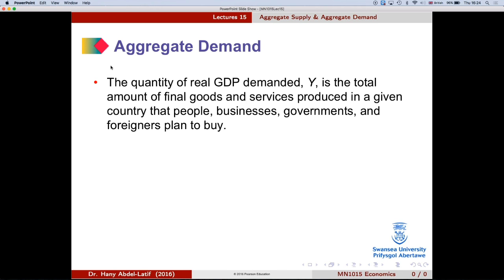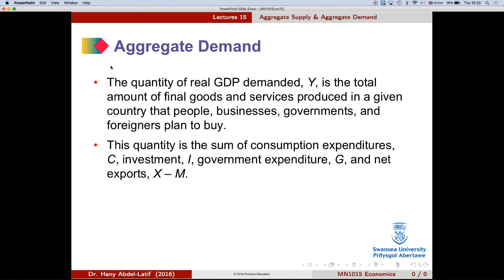Firms do investment, government does the government spending, and the outside world is the net export, which is X minus M. So this is the same as we did before. What we want to do now is look at how the aggregate demand will look and what would shift the aggregate demand curve. Okay?